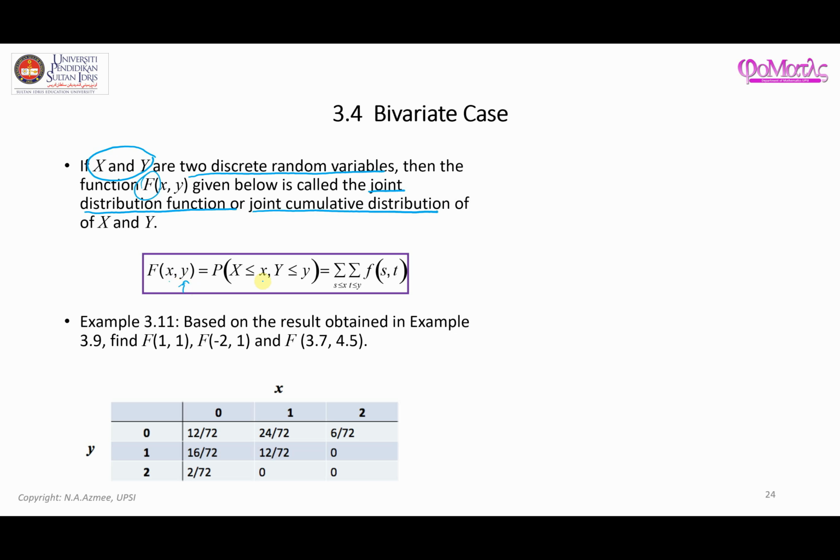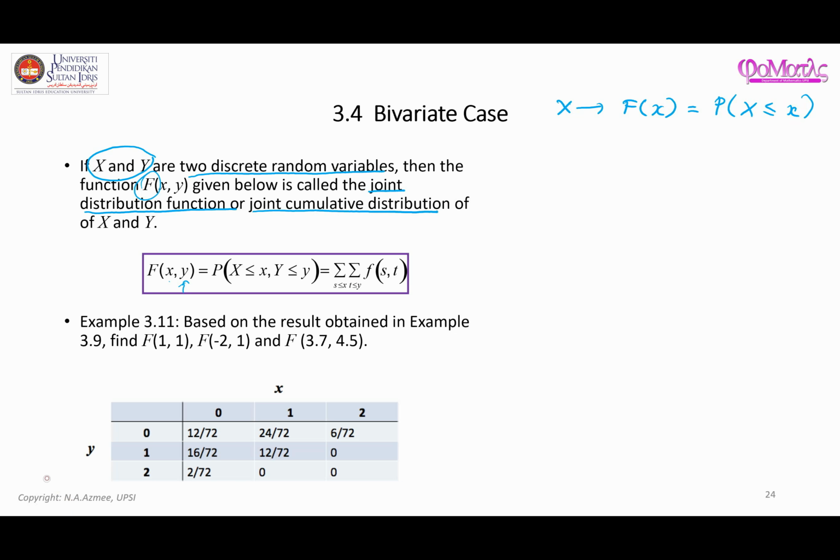Okay, so basically remember what we have done in the previous discrete case. One random variable, where x is a discrete random variable, and so if you want to find F(x), we are actually interested in finding the probability of x less than or equal to a certain value x here.